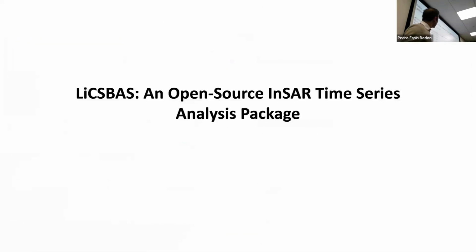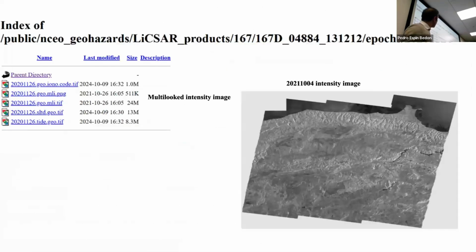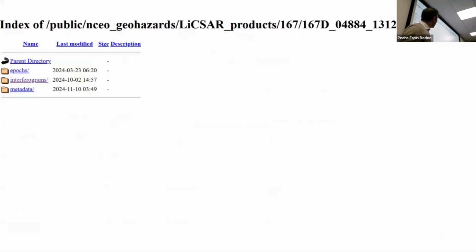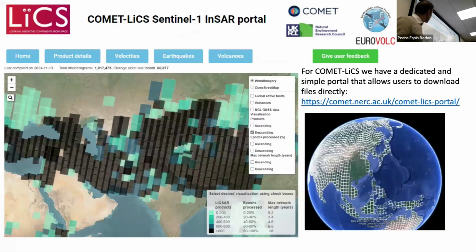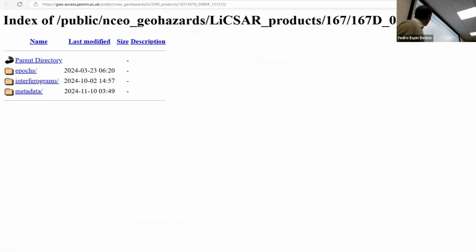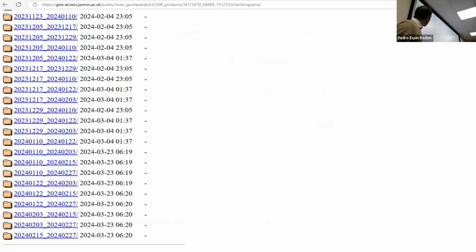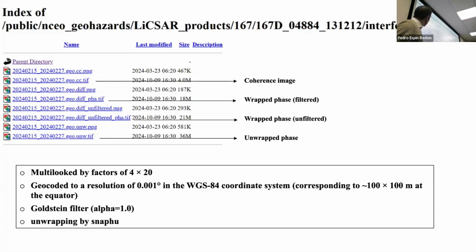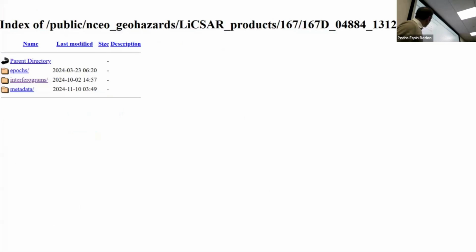So for the online people who missed the first slides, in the beginning I gave an overview of the COMET LiCSAR data that we have in the portal, and introduced that for each frame we generate different interferograms, and the GeoTIFF files, which include the coherence image and the wrapped and unwrapped data, are available for each interferogram, as you see here.